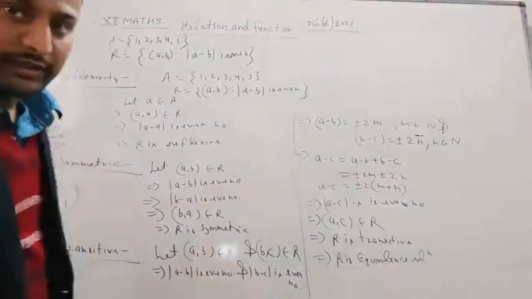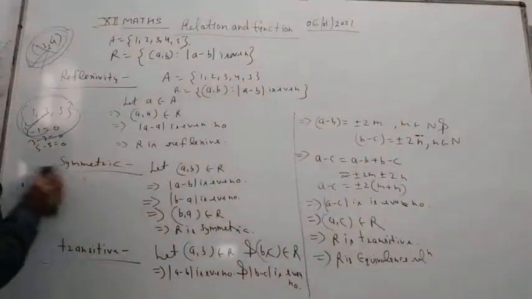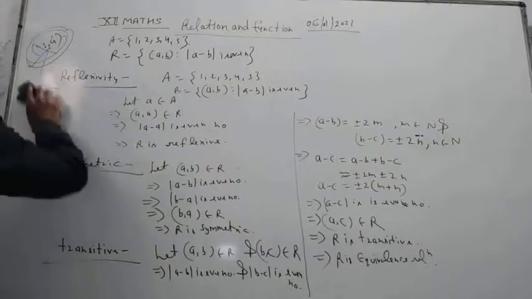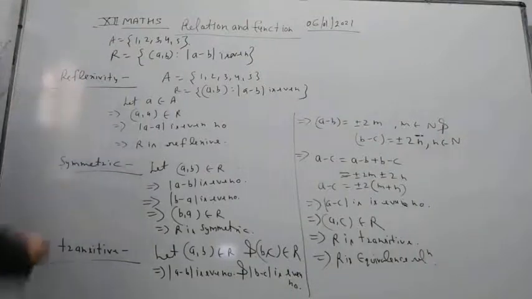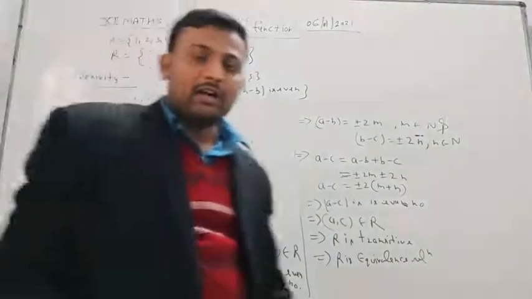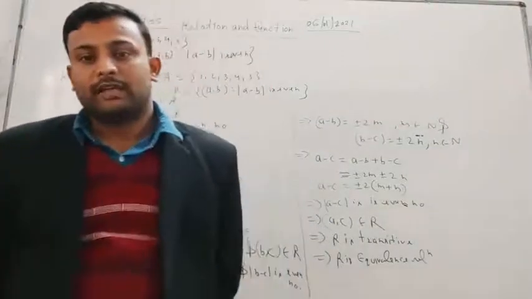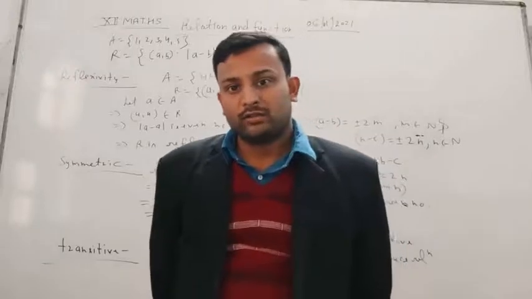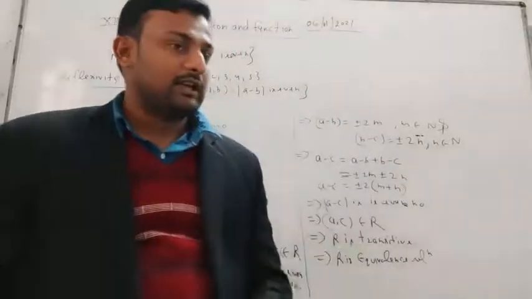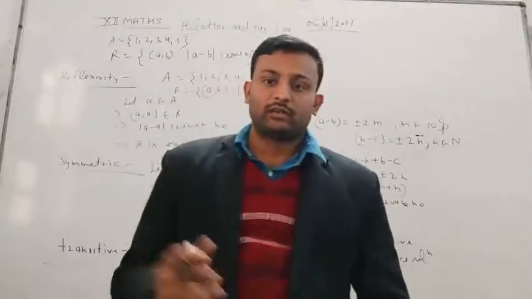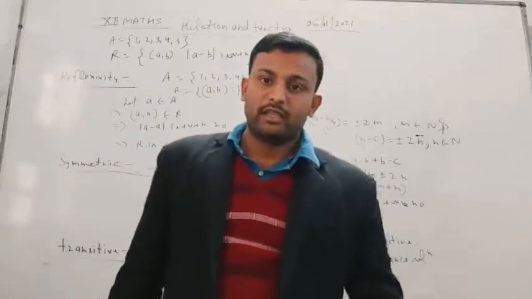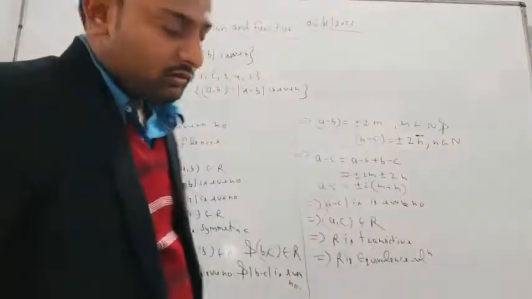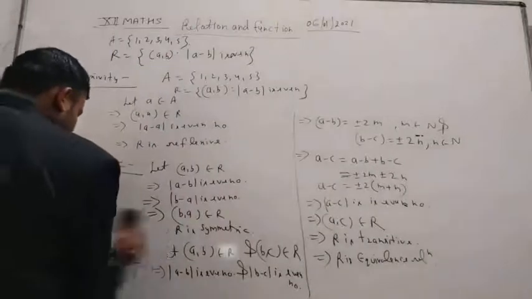Okay, so in this way we have proved that our relation is an equivalence relation and the elements of set {1, 3, 5} are related to each other, and the elements of set {2, 4} are also related to each other, but the elements of set {2, 4} are not related to the elements of set {1, 3, 5}. Okay, student. Now we take another question.